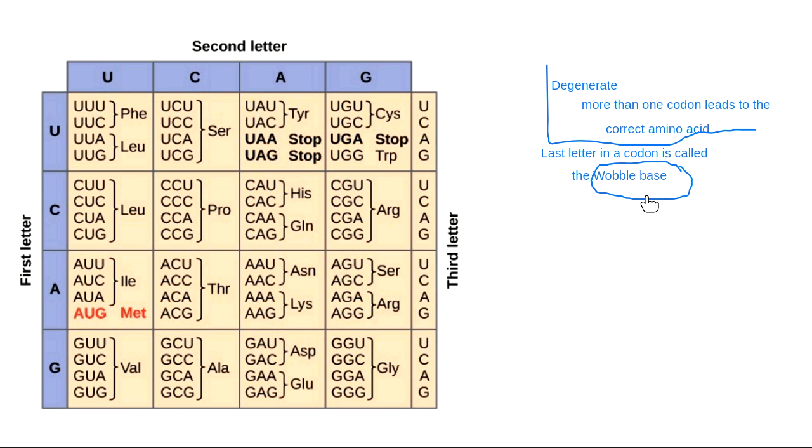Yeah, so there's a question in your packet on page 9 that Kai is asking about. The question is, what would happen if the genetic code was not degenerate? Can you guys help me out in the chat? What are some of the things that you can think of that might happen if the code was not degenerate? What might happen if we didn't have that wobble base?